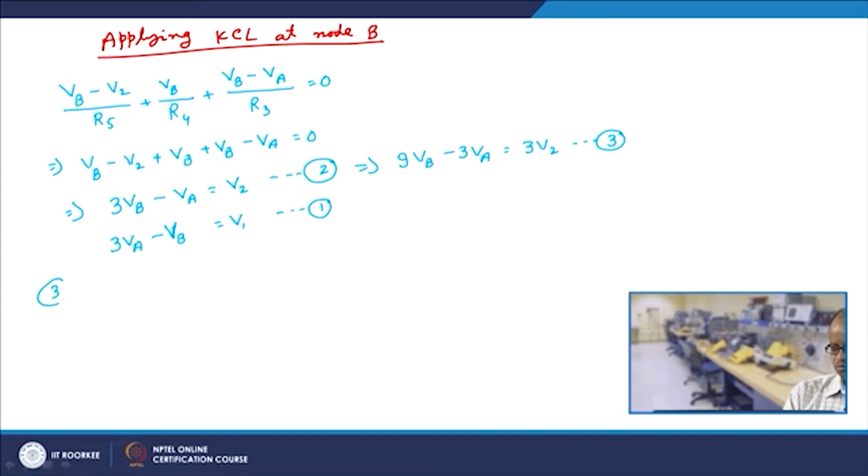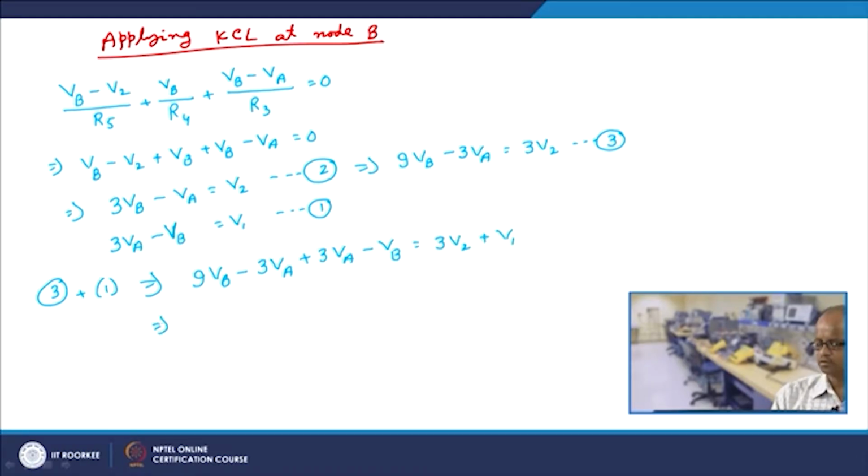So 3 plus 1 I am doing, that is 9 VB minus 3 VA plus 3 VA minus VB is equal to 3 V2 plus V1.